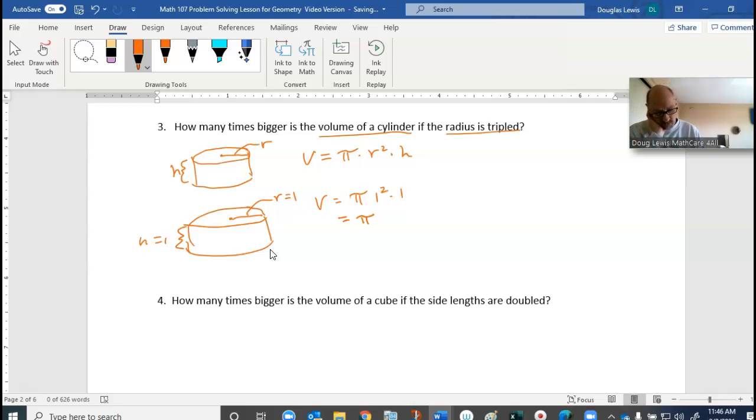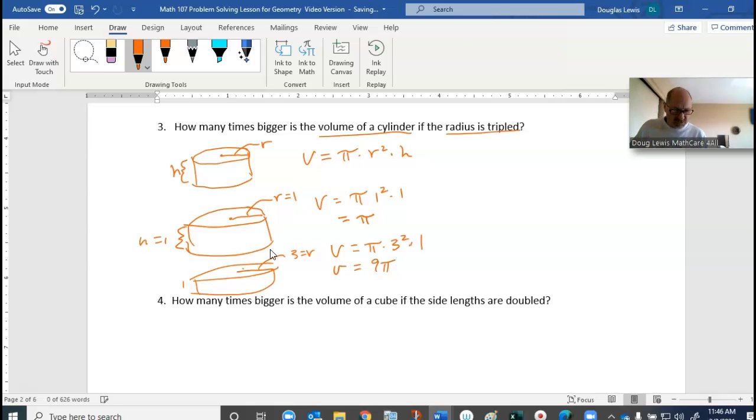Now, the only thing that's supposed to change is that the radius is tripled. So it's going to go from 1 to 3. The height's still 1, and now the radius is 3. So our volume is pi times 3 squared times 1. 3 squared is 9, and 9 times 1 is 9 pi.